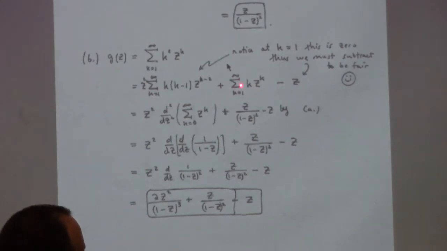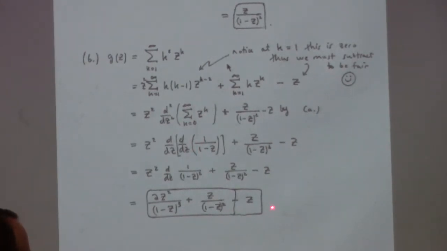And then we're back to problem part A. So I already know that that's z over 1 minus z squared from the original part, minus the z, to keep the equality there. And then, of course, that's the second derivative of that series, which is the second derivative of the geometric function, which we can twice differentiate and get down to that.